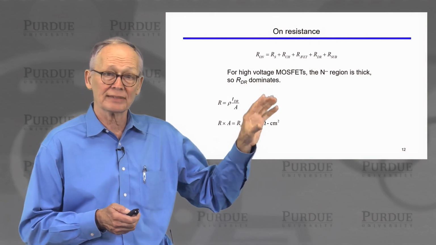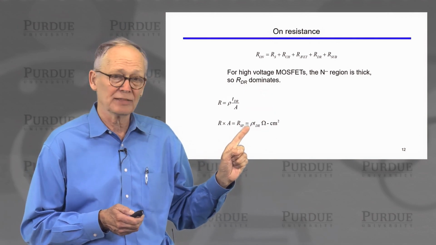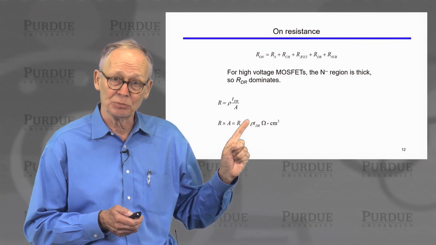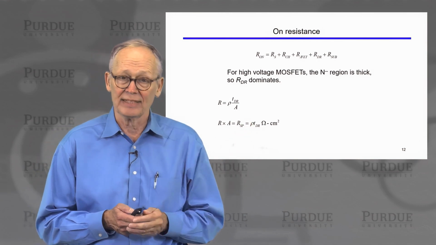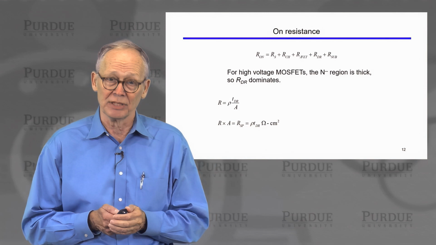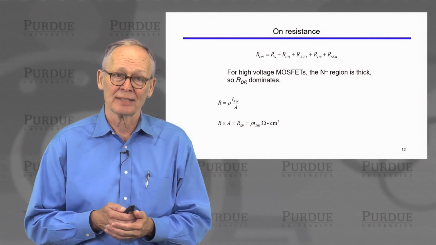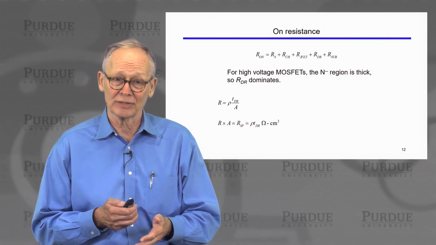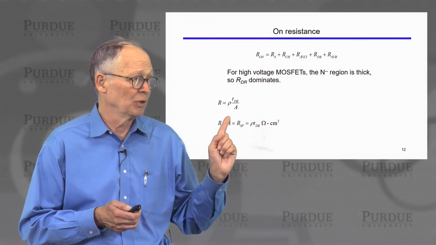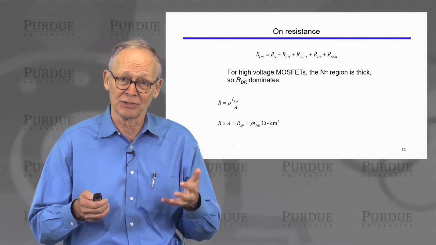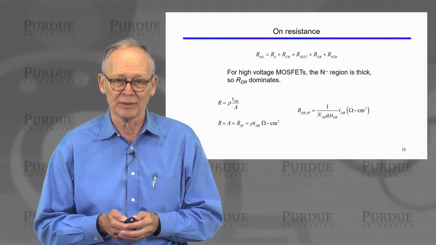The specific resistance then will simply be the resistivity of that lightly doped N layer times the length of that lightly doped N region. The length has to be long in order to have a high breakdown voltage, but the long length then will increase the resistance, so that's the fundamental trade-off that we'll be dealing with.